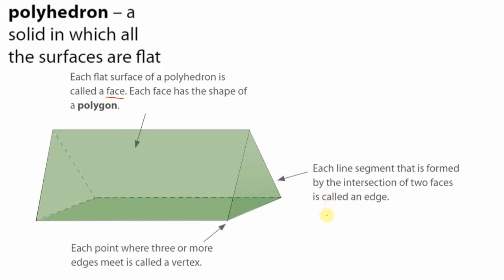Next concept is that of an edge. That's basically where 2 faces meet together. So for example, this line here will be an edge because we have 2 faces meeting at this line.